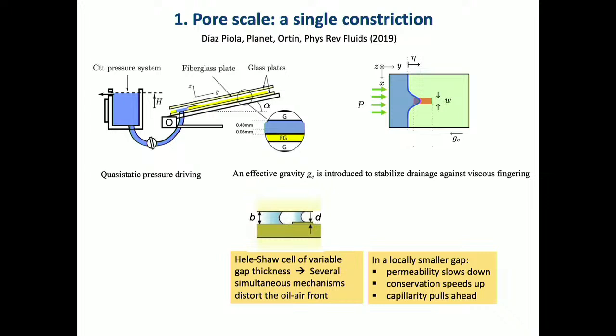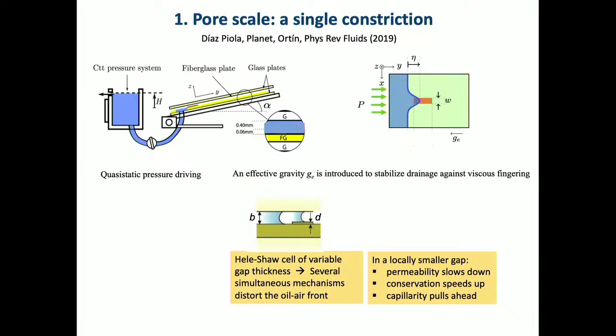In that case, this is oil, so this is wetting the glass plates and the fiberglass. So this has this curvature, but this curvature gets larger when it enters the patch. So what we have with a variable gap thickness Hele-Shaw cell, which I call an imperfect Hele-Shaw cell, because of those imperfections, is quite complicated. There are several mechanisms that occur at the same time.